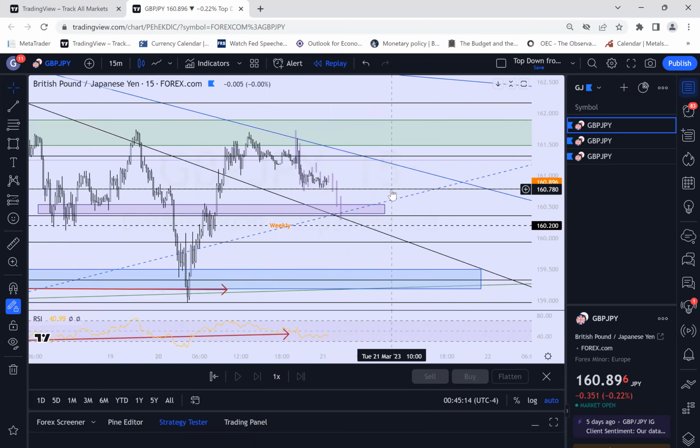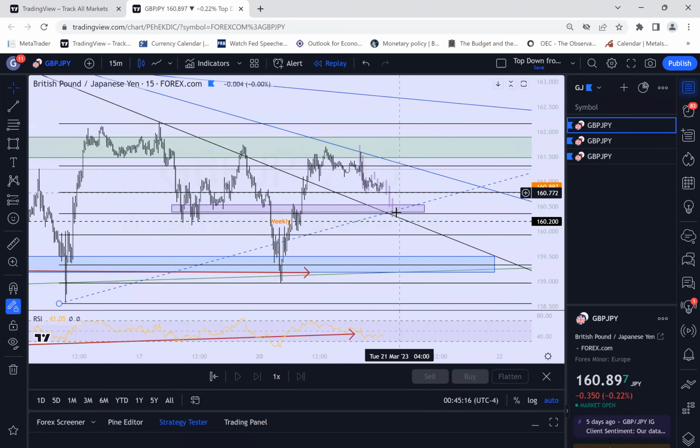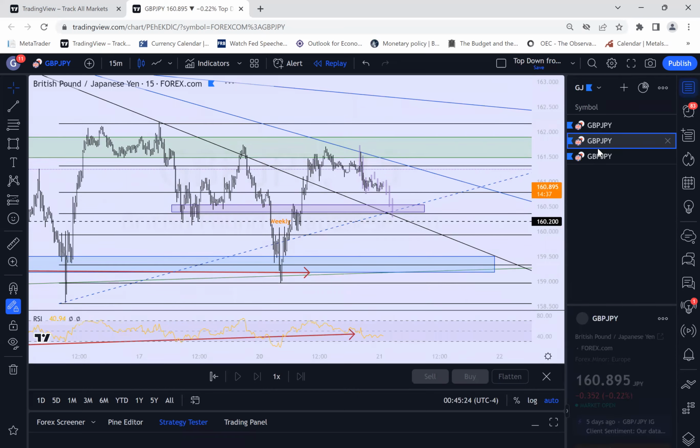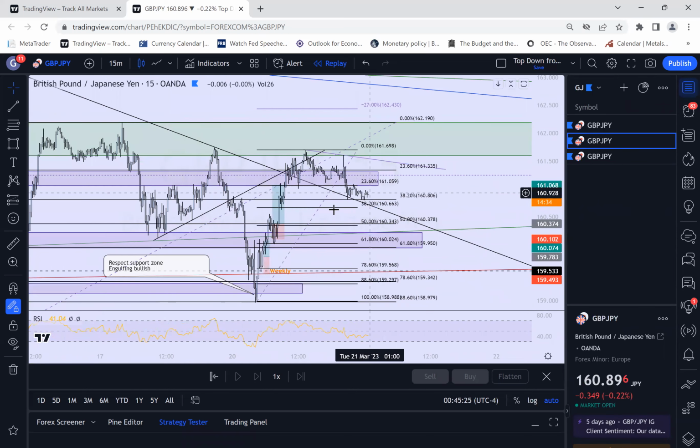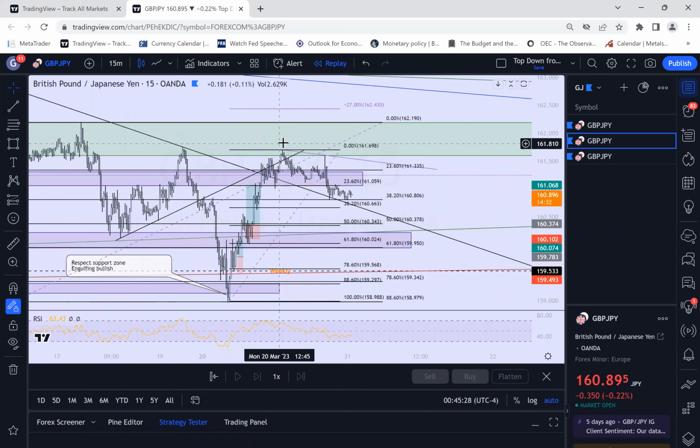So yeah, I have my alerts set because either way, it depends on what it does when it gets to either of these trend lines. It's at this trend line now and it's just sitting. I just want to see because it just came off this 4 hour zone. I need to see a real higher low point on this so that I can also draw a trend line for this.